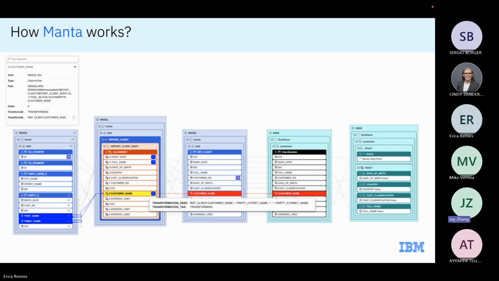If there's a data ingestion pipeline where certain operations happen against the underlying data set, understanding the real data is really important because it can have some implication for the downstream operation. But from a Manta perspective, we only care about the metadata.